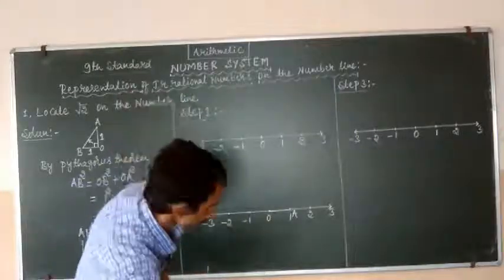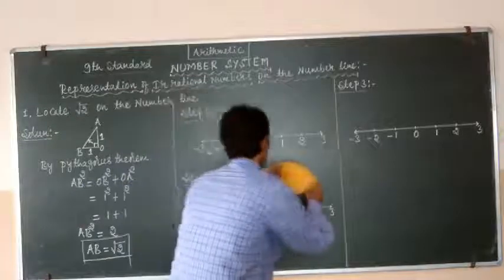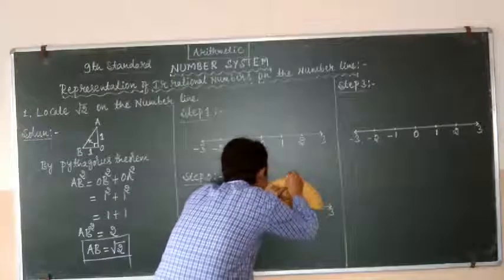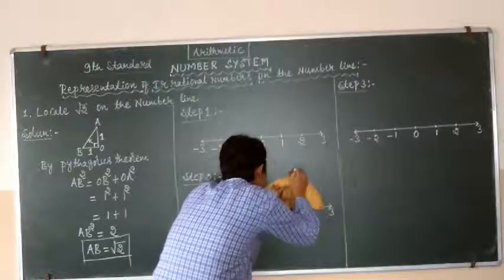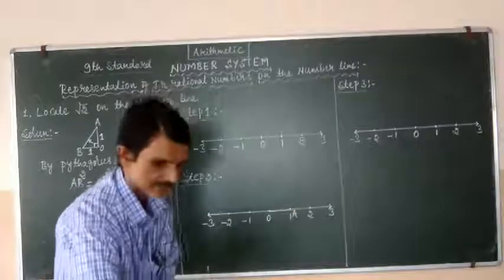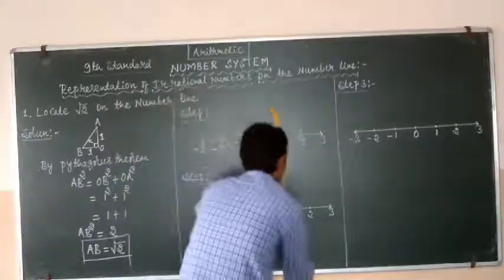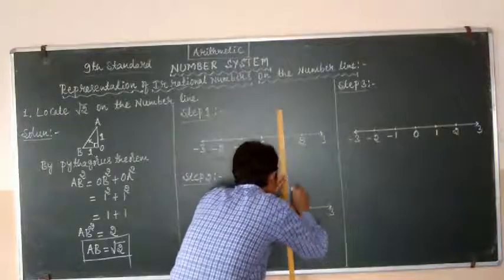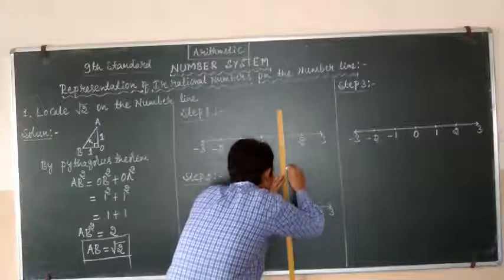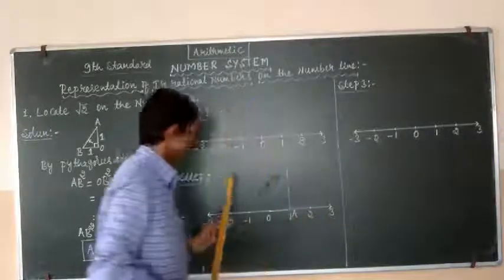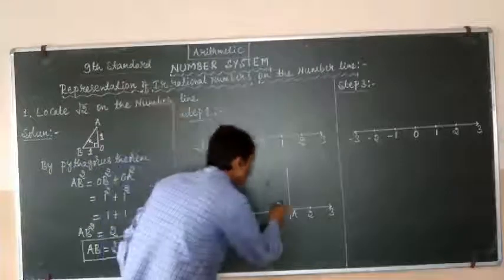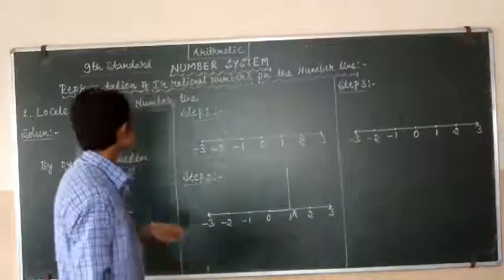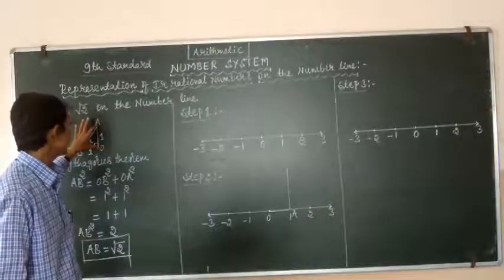At A, construct a 90 degree angle with the help of the protractor. Observe clearly, students. Here I have constructed 90 degrees. What is the measurement of side OA?